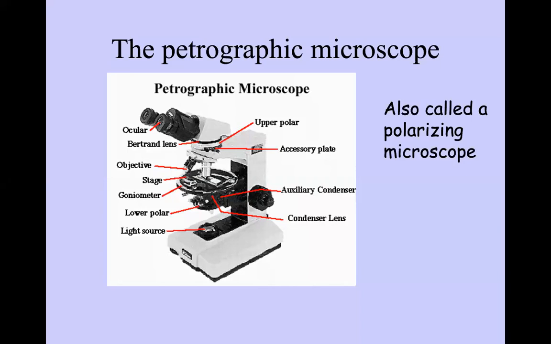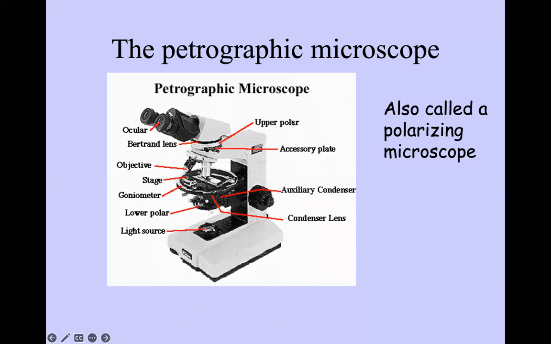Okay, so for a polarizing microscope, the necessary equipment are the light source, polarizing unit, stage, objectives, and ocular. This upper polar sometimes we use and sometimes we do not, so you can take it as an optional component.